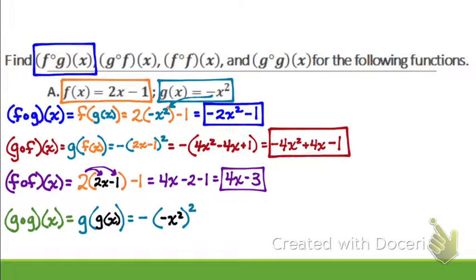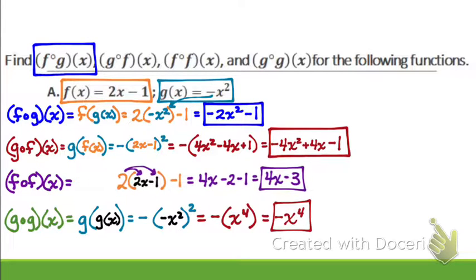And I'm going to put g of x in here. So if I take negative x squared and I square it, I'm going to have negative and then x to the 4th, so this would just be negative x to the 4th. So there's a little bit of practice with compositions.